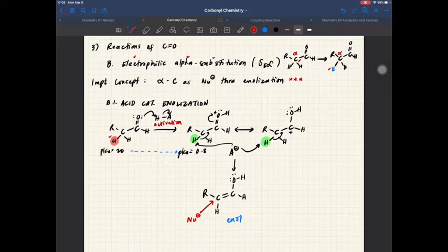So in reactant 1, the pKa of this hydrogen is 20, but after activation, the pKa of the alpha hydrogen, which is shaded in green, now becomes 0.8. So it becomes very acidic to the point that the conjugate base of your acid can easily abstract it.